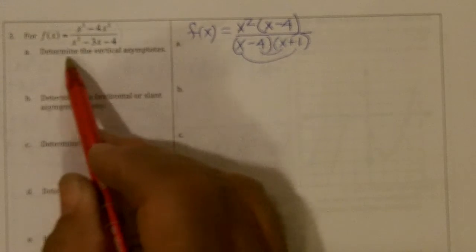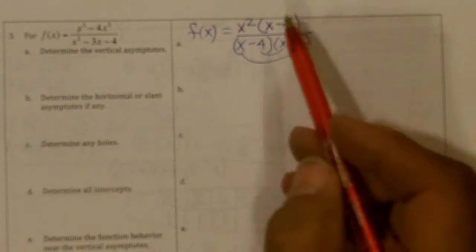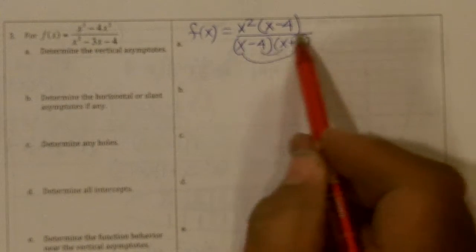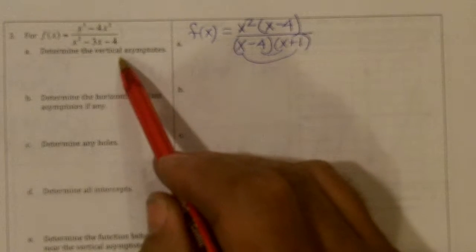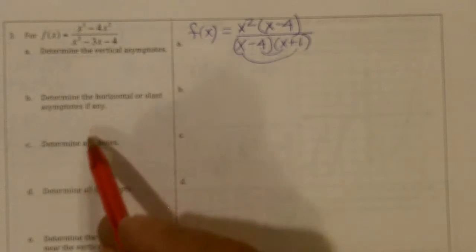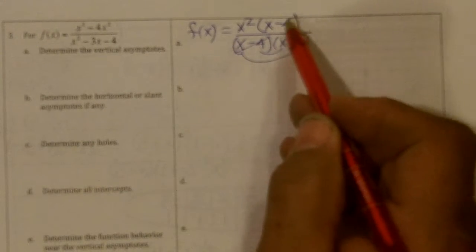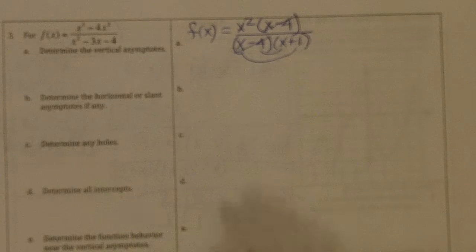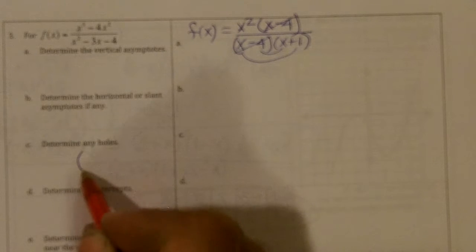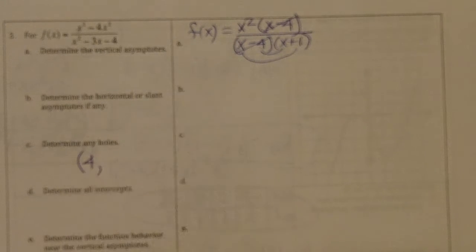Now, first thing it asks for is vertical asymptotes. Anything that makes the denominator 0 will create a vertical asymptote as long as it's not a hole. So down here, part C, we notice that these two factors are the same. So we have a hole at 4.